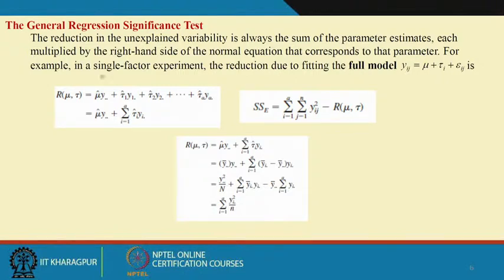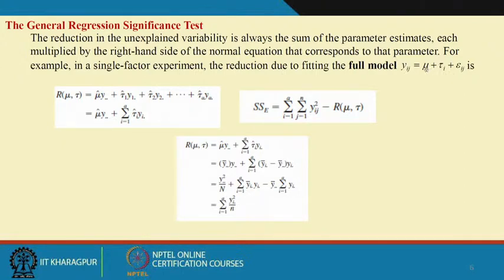For example, in a single factor experiment, if we say the reduction is R(mu, tau), how many parameters are there here? Mu and a number of tau, so a plus 1 parameters.